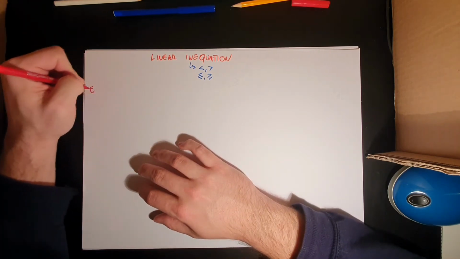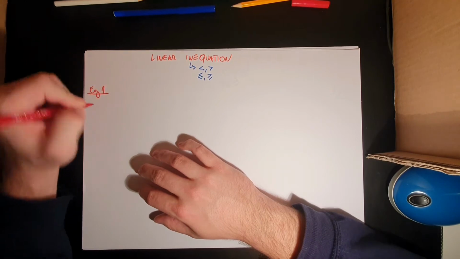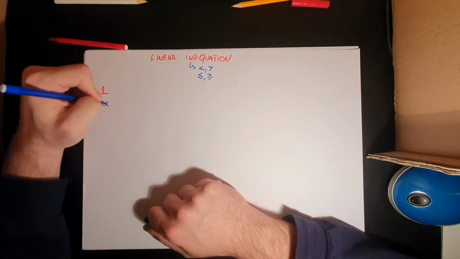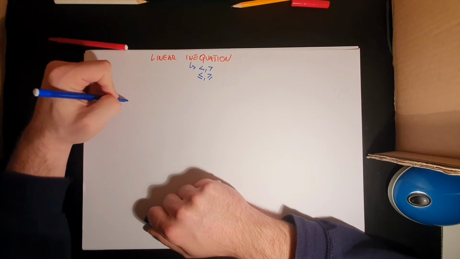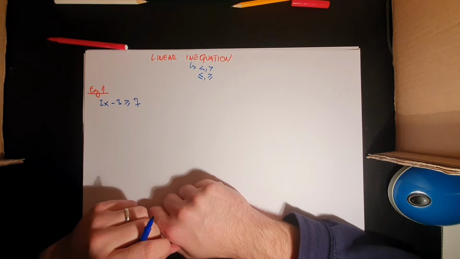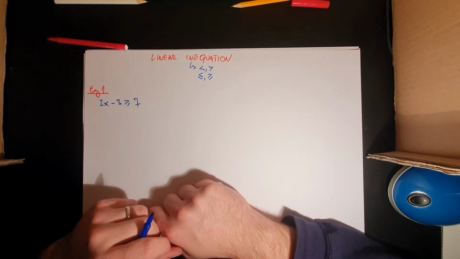So let's start with example 1. Let's have a situation like 2x minus 3 is greater or equal than 7. This here is an example of a linear inequation. Why is it linear?